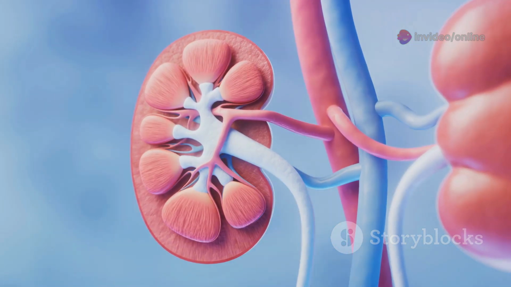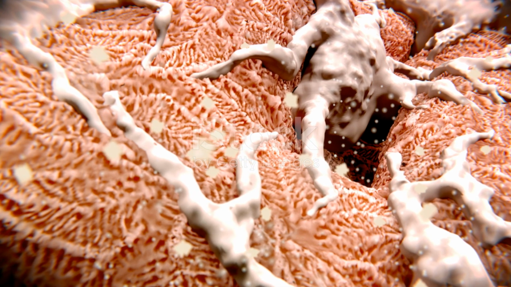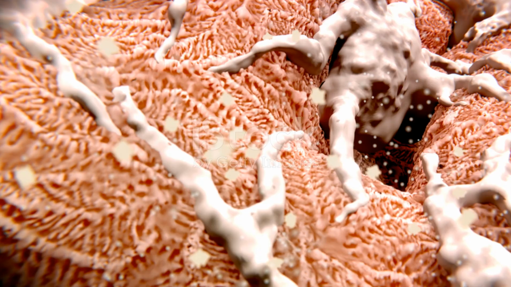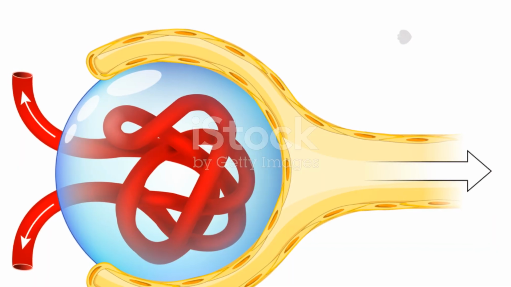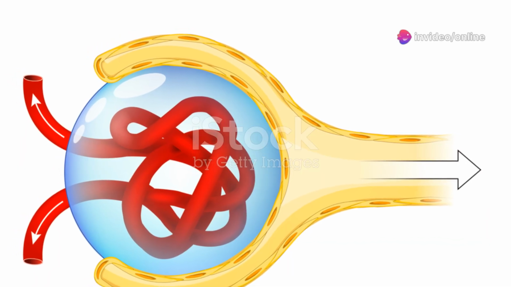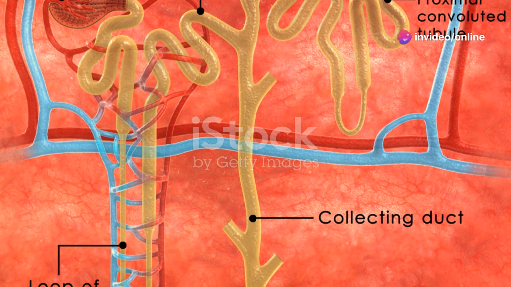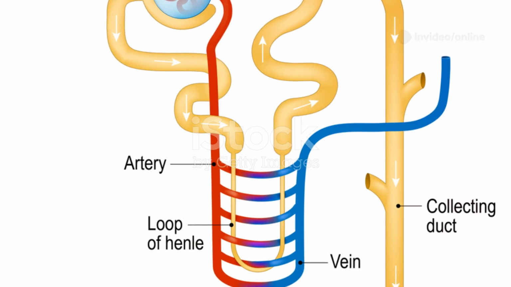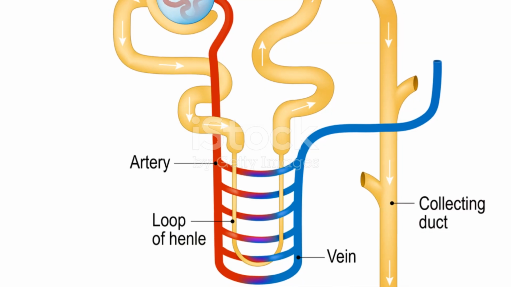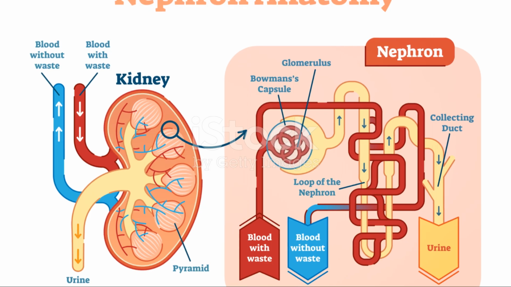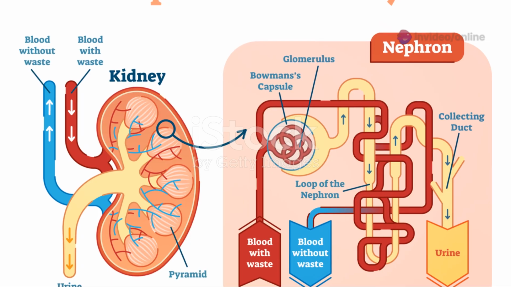Now, let's turn our attention to the second component of the renal corpuscle, the Bowman's capsule. This component is a double-walled, cup-like structure that surrounds the glomerulus. Its inner layer closely wraps around the capillaries of the glomerulus, while the outer layer forms a cavity.